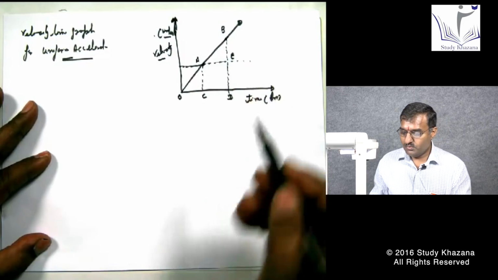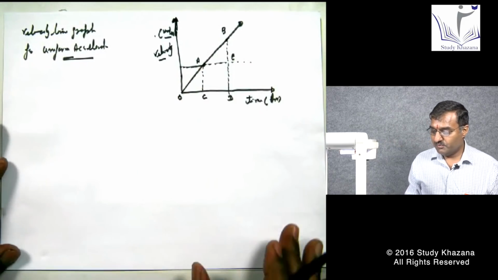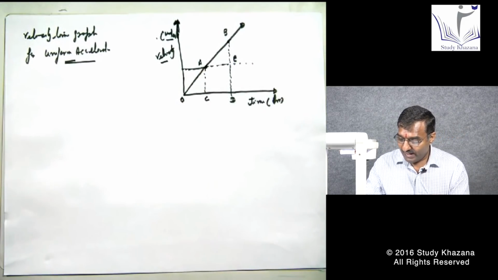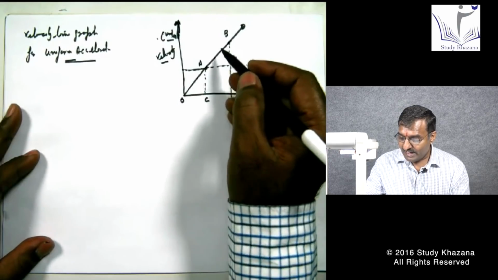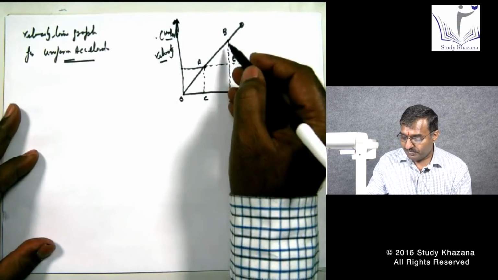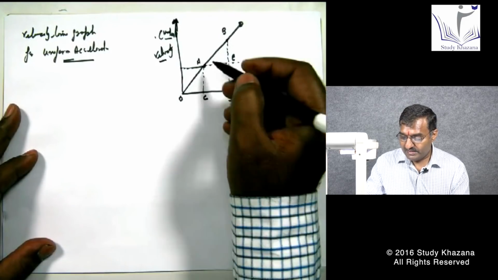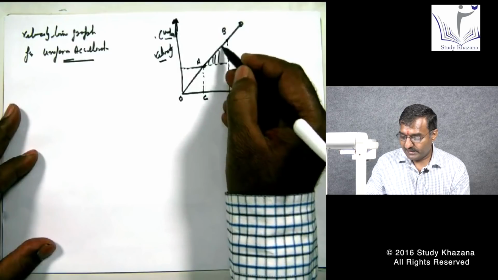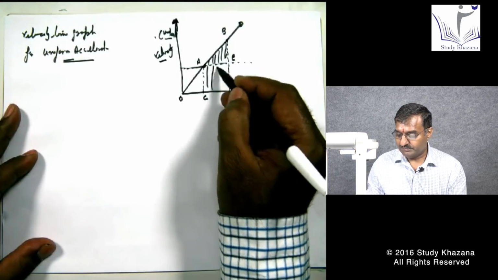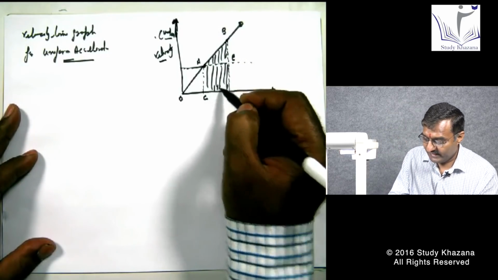Now what is the use of this graph? Suppose I have to find the distance traveled or displacement from this point to this point. How can we find it? We can find it just by finding the area.